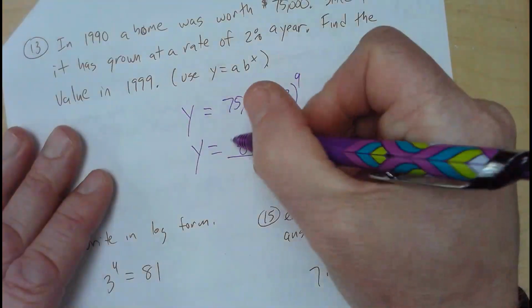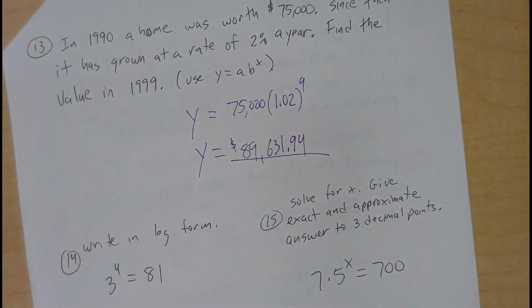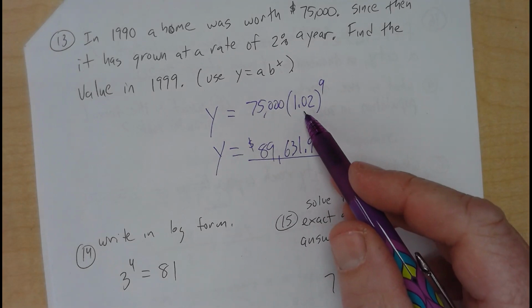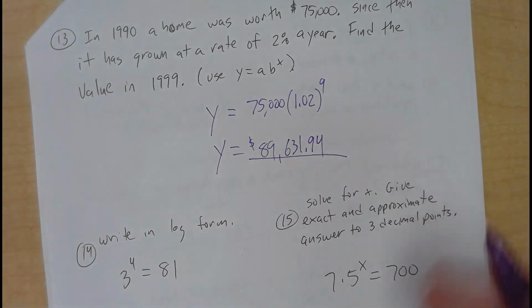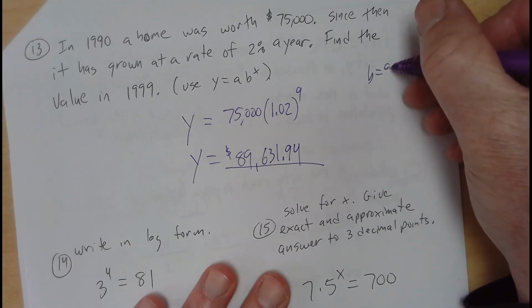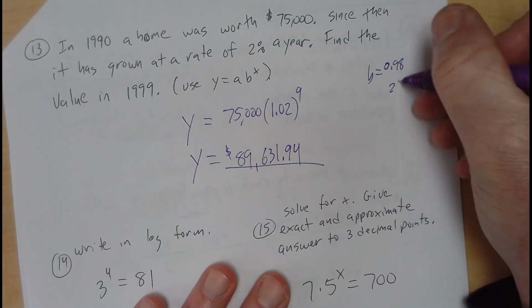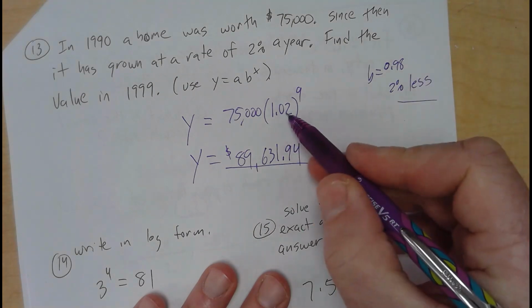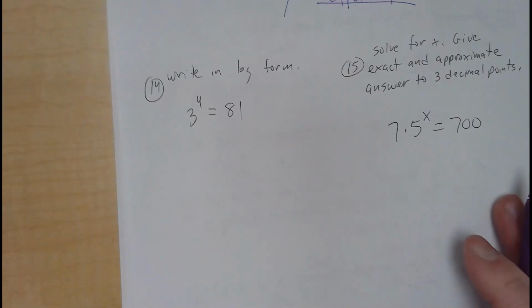That's an approximate value. All right. A, B to the X. So starting amount, 2% more, and then 9 years. If it was 2% less, B equals 0.98. That'd be 2% less. I don't want 2% less, right? I want 2 pennies more. So it's added to the dollar.